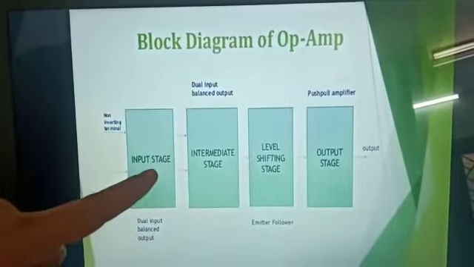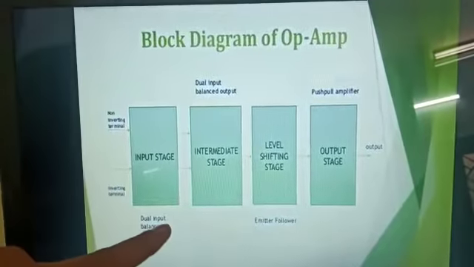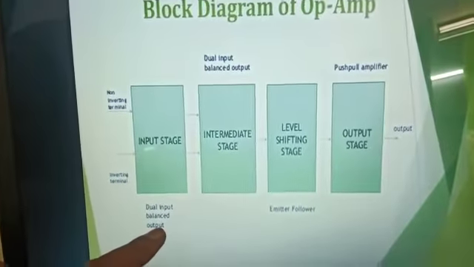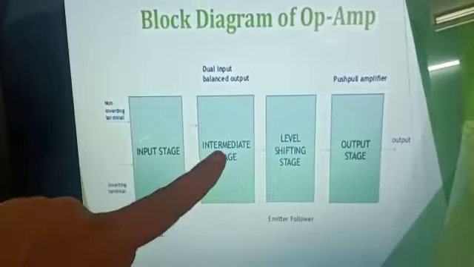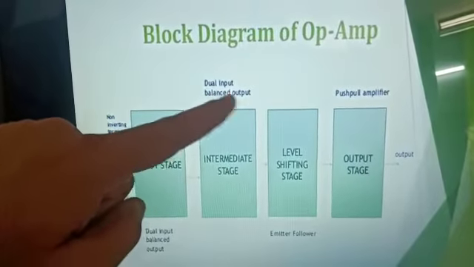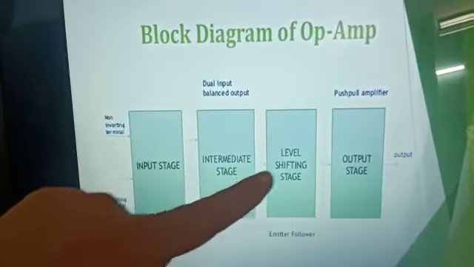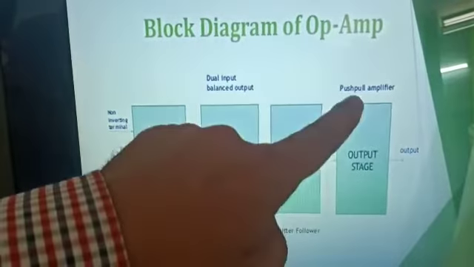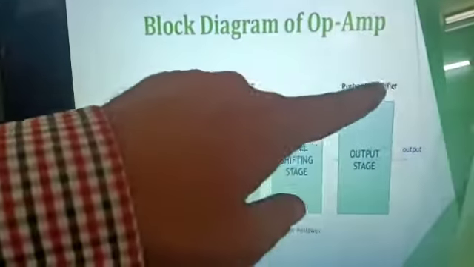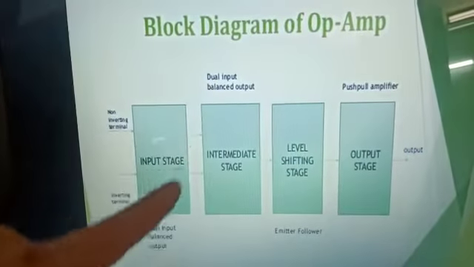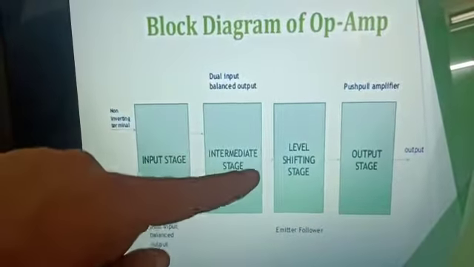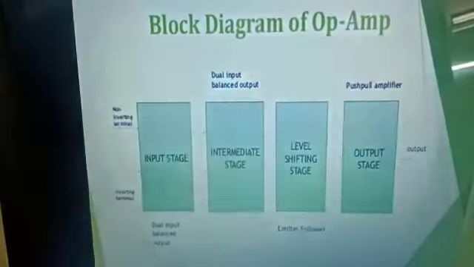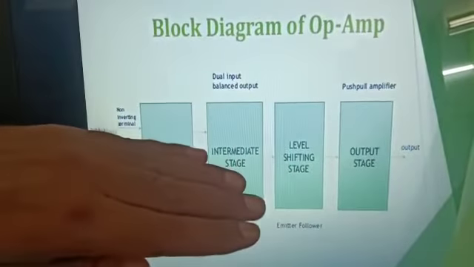The input stage is also called a dual input balanced output differential amplifier. The intermediate stage contains a dual input unbalanced output differential amplifier, the level shifting stage is an emitter follower, and the output stage is a push pull amplifier. You might already have studied dual input balanced output, dual input unbalanced output, emitter follower as well as push pull amplifier.